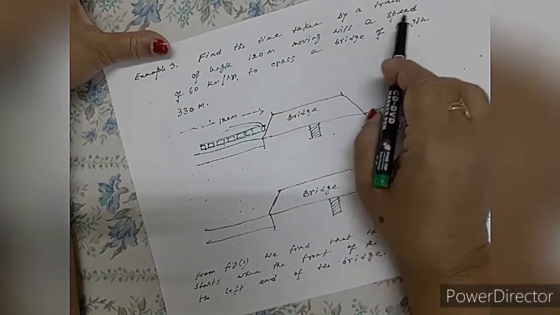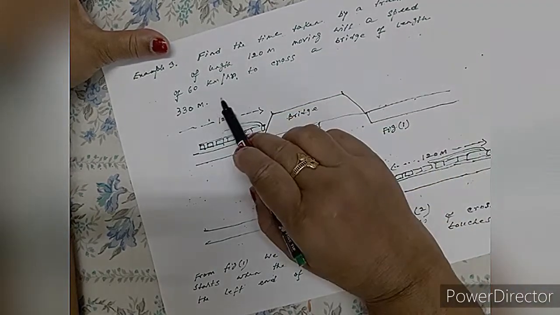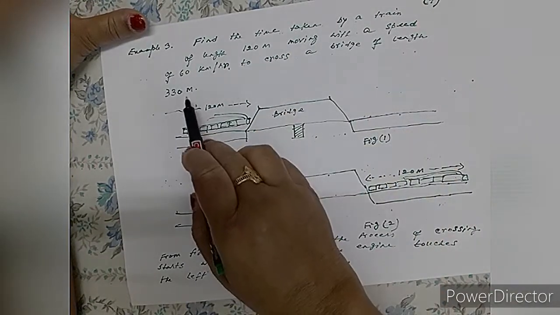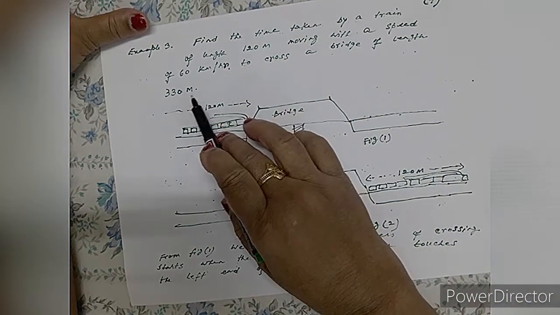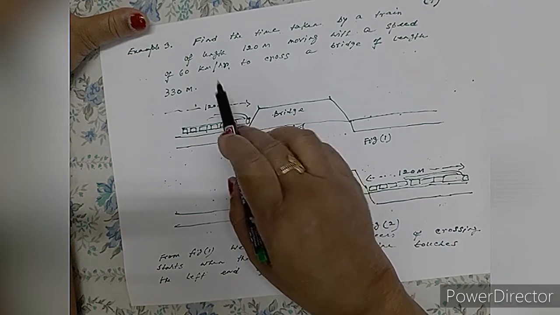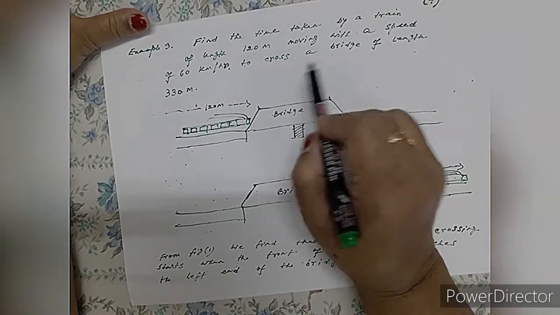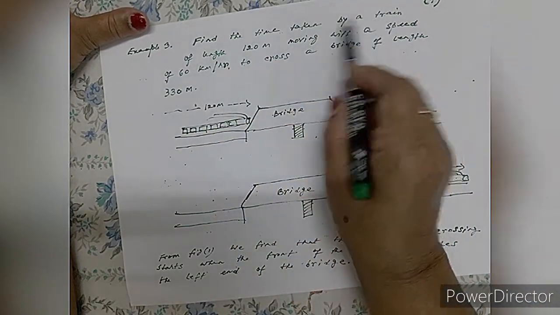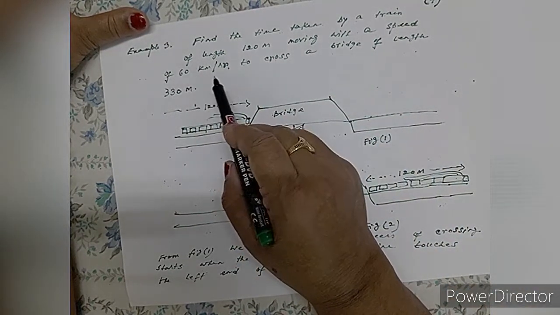Find the time taken by a train of length 120 meter moving with a speed of 60 km per hour to cross a bridge of length 330 meter. Here the length of the bridge is 330 meter, the length of the train is 120 meter, and the speed of the train is 60 km per hour.